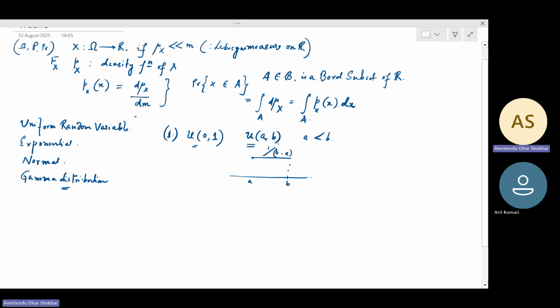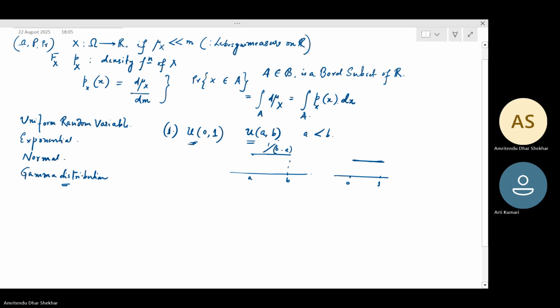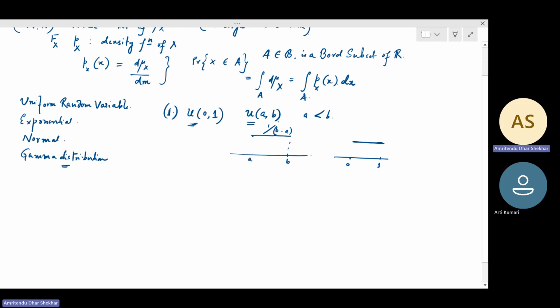A special case, of course, is U(0,1), where this is distributed on 0 comma 1. Okay, so hopefully this is very clear.